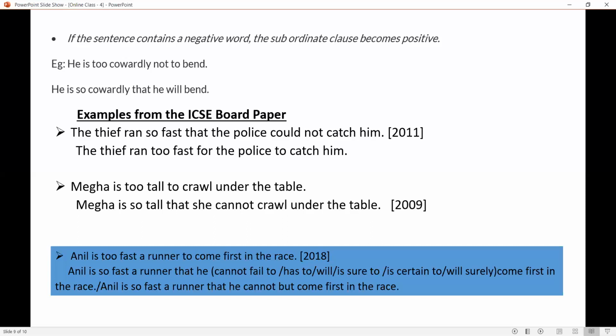So the answers accepted are these ones. Anil is so fast a runner that he cannot fail to come first in the race, or he has to come first in the race, or he will, or is sure to, or is certain to, or will surely come first in the race. There is also another option. Anil is so fast a runner that he cannot but come first in the race.